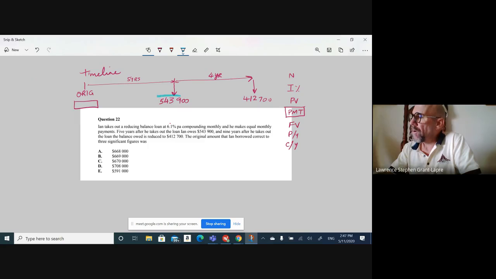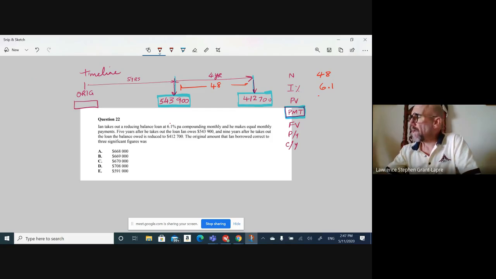If you borrowed $543,900 on this day, 4 years later you would owe this amount if we made these payments. We have to put 48 because that's 48 months. We're looking at this time lapse here. The interest rate was 6.1.